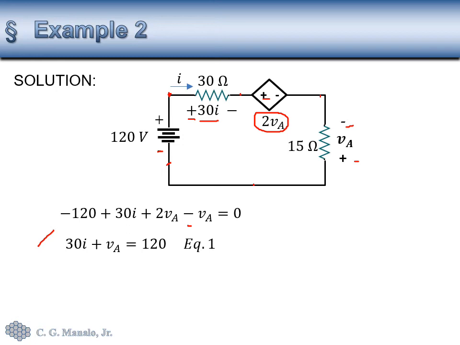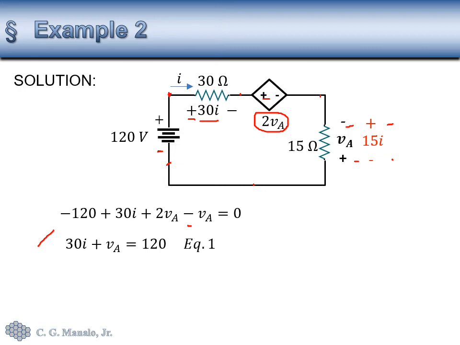So we have here two variables, one equation, and we need one more equation, and that will come here because the voltage across the 15 ohms in terms of I is also 15I, where the plus sign is on top and the negative is below.